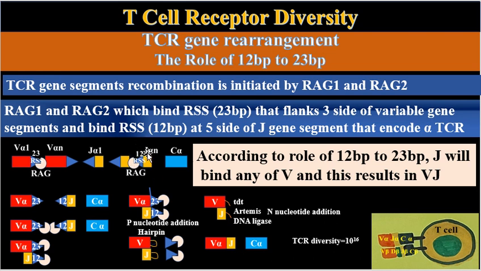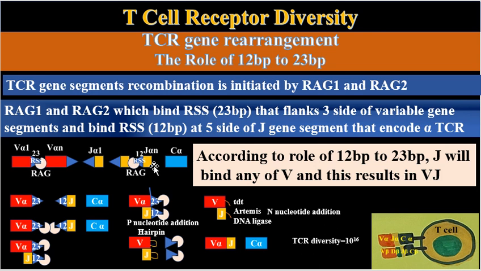recombination signal sequence. This is for the gene segments for the alpha chain. This is alpha chain. So it binds here, this is RAG, it binds 12 base pair recombination signal sequence, and also it binds 23 base pair recombination signal sequence.